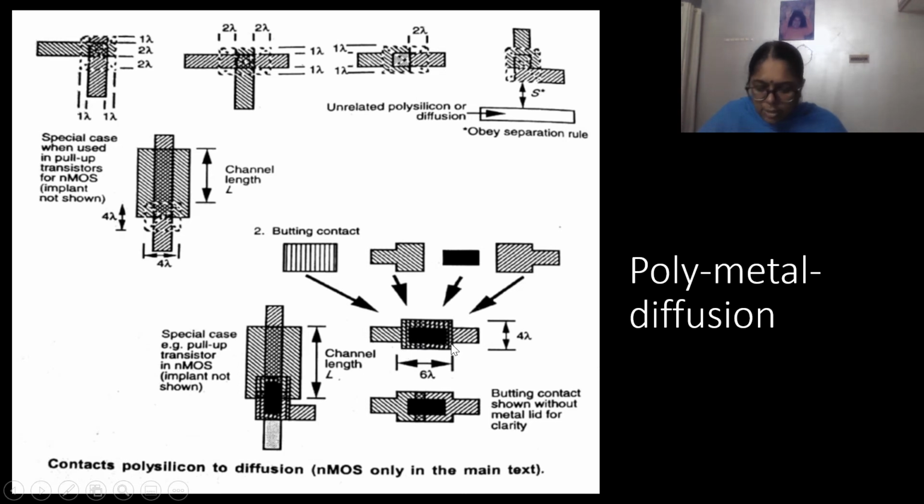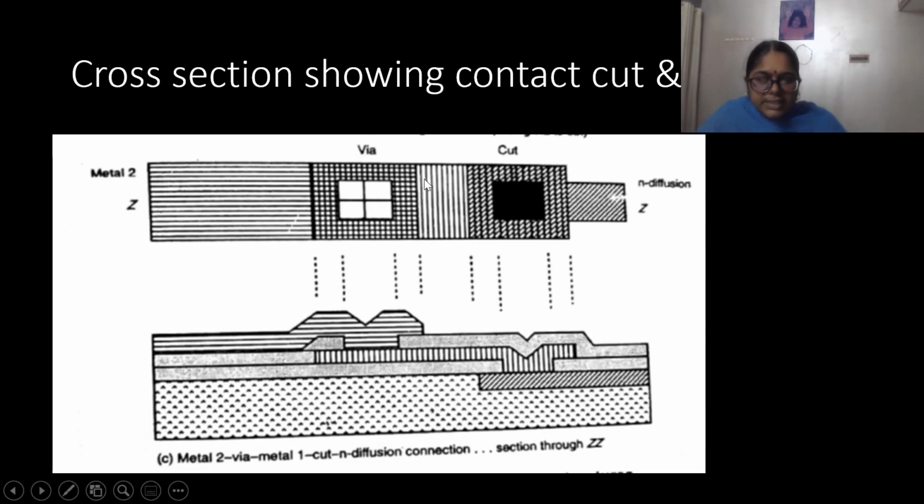The minimum size of this butting contact is 4 lambda cross 6 lambda. You can see here, whenever this 4 lambda cross 4 lambda buried contact is used, then 1 lambda extension on all the sides should be there. Similarly here you see there is an extension of 2 lambda and 2 lambda on both the sides. We will see what each one is.